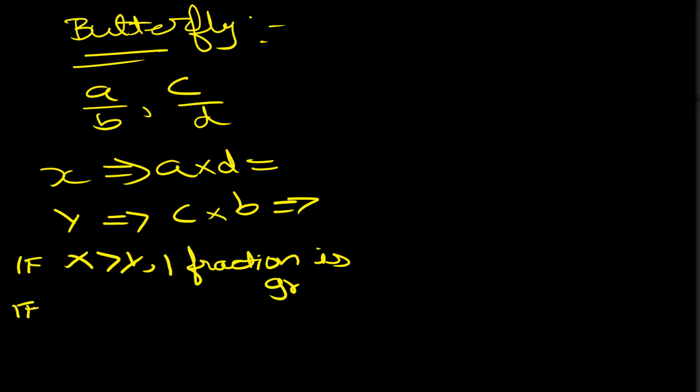If X is less than Y, the second fraction is greater. This is the condition, very simple. So you're supposed to multiply them and find the answer. This is for this one. Okay.